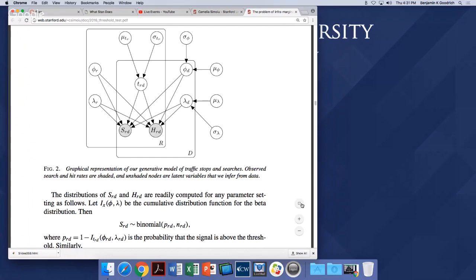And then third, interior to all that, you're going to need a loop from 1 up to the number of traffic stops by police members from Department D of cars driven by people of race R. And that is given by the stops integer array that you're passing to Stan.